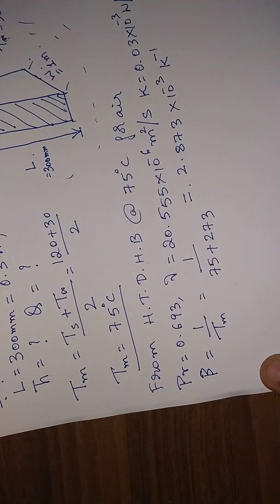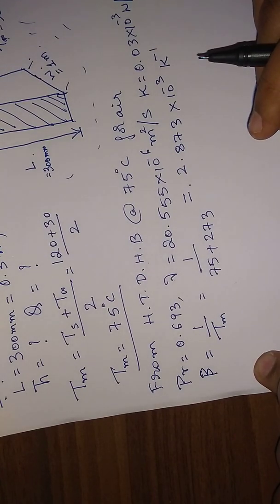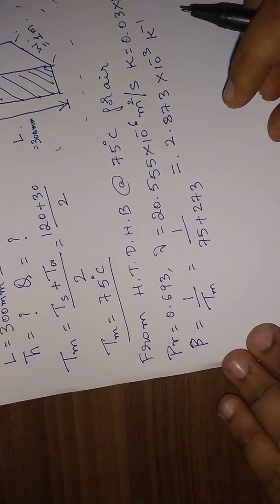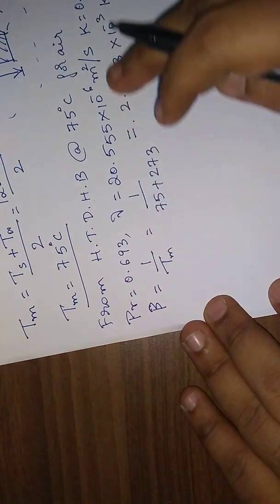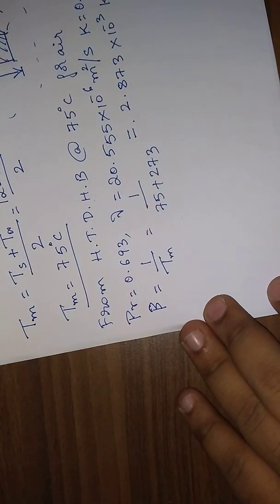Please note this. Now we have found out the beta, and these properties are enough for finding out the other parameters.